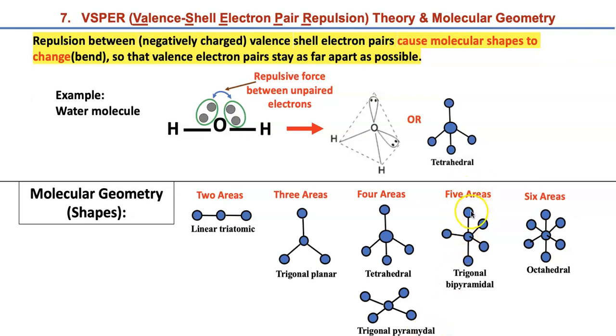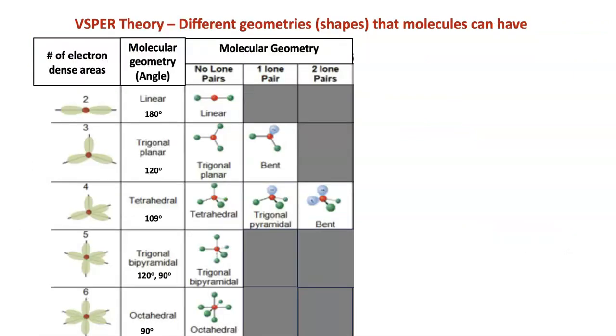If you have 5 areas around the central atom, you're going to be trigonal bipyramidal. If you have 6 areas around the central atom, you are going to be octahedral. We will look at this in some more detail in the next one.